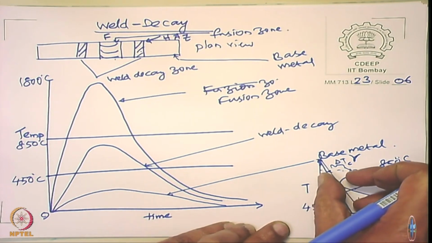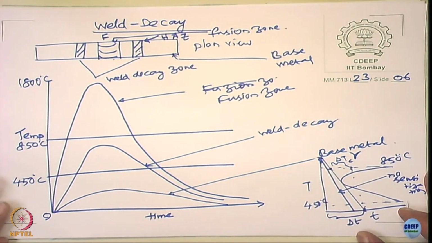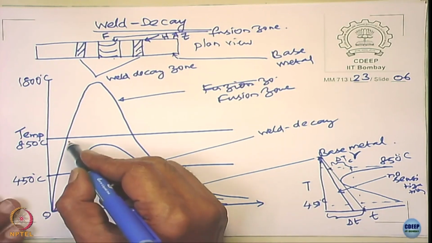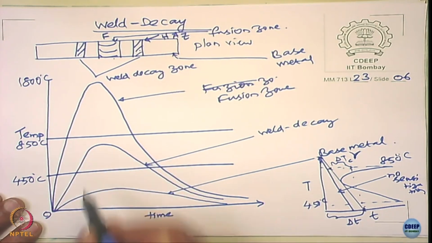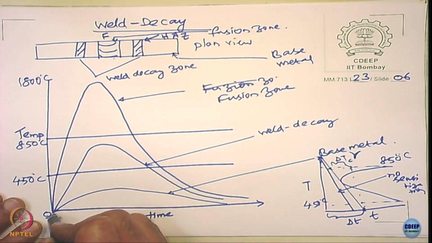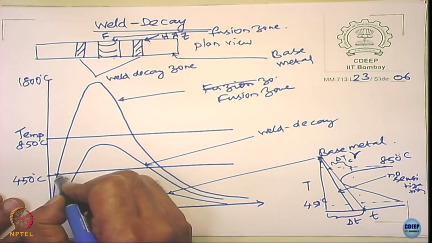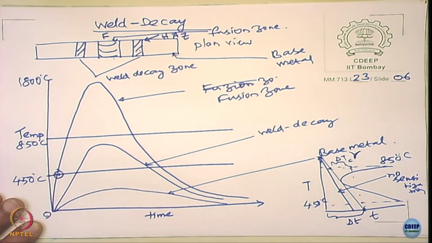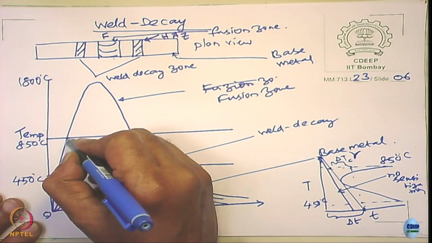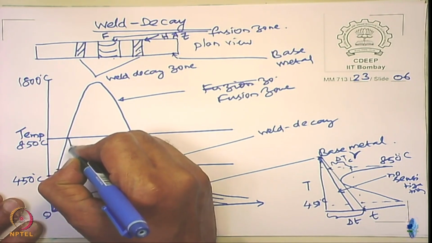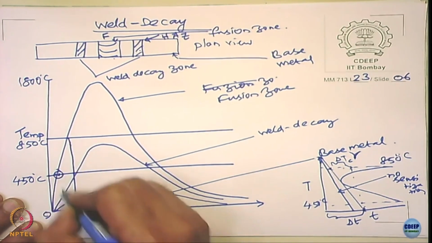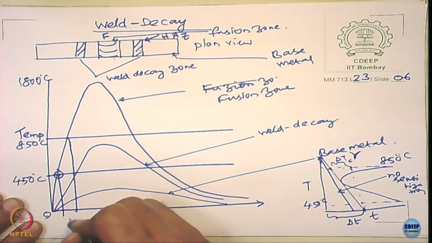So this is delta T here. Now look at this curve. I have started from here, this is the time it started, and the time that ends is here. So this is the delta T that I have here.